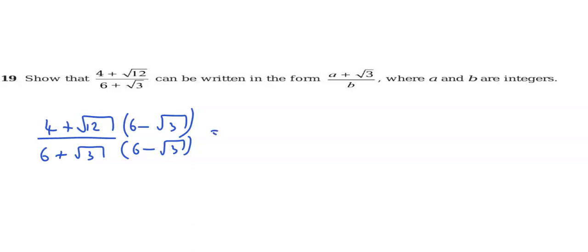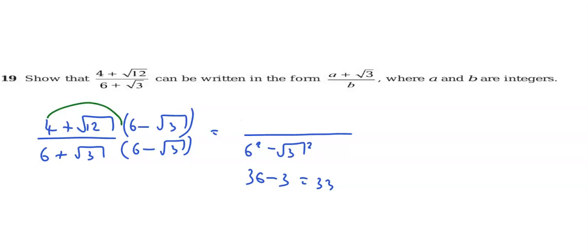Now on the bottom I can rely on the difference of two squares. 6 squared minus root 3 squared is 36 minus 3, that would be 33.